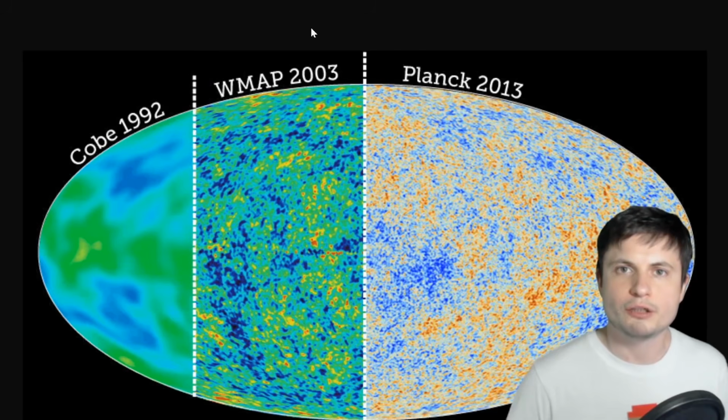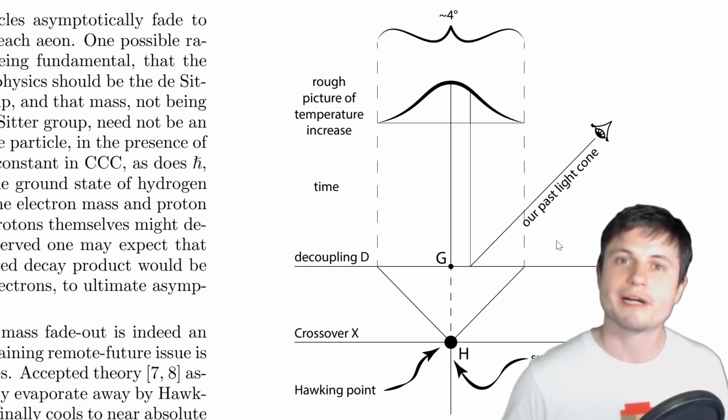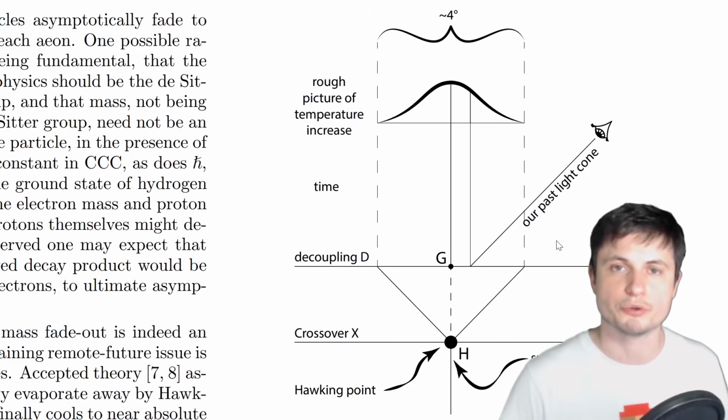So here's what they actually proposed they found in these observations from the cosmic microwave background. By looking at the older data and combining it with the newer data, they were able to identify several pieces of evidence suggesting that there were these unusual and relatively large rings that were apparent in some of the data that could only be explained as some kind of artifact from whatever happened prior to the existence of our own universe.